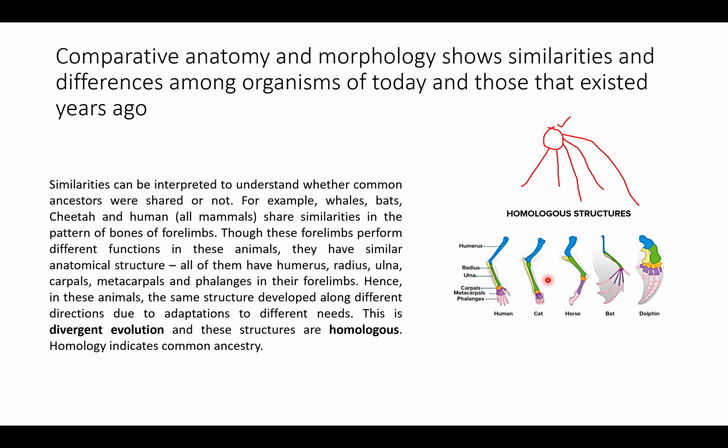Humans use the hand for different purposes, cats use their forelimb for different purposes, horses for different, bats for flying, dolphins for flipping in the water. Mostly different function, but the internal anatomy is similar because they all have humerus, radius, ulna, carpal, metacarpal, and phalanges.